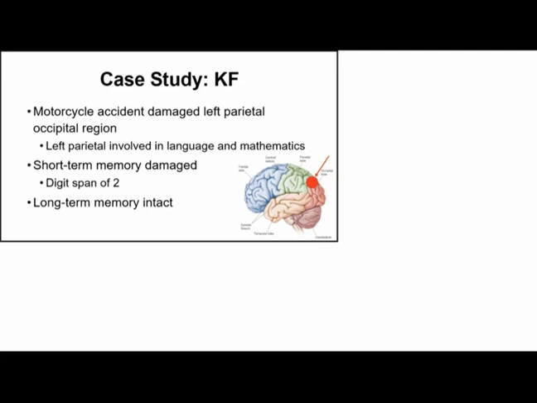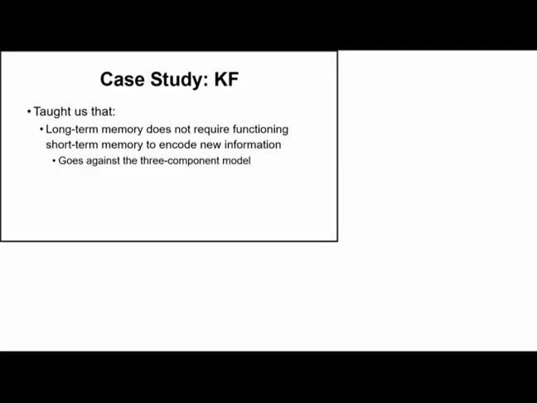So this actually goes against the model that we've been using so far, our 3-component model, or whatever we want to call it, because we have this idea that we go from sensory memory to short-term, working, or immediate memory, and then we go over to our long-term memory. But here short-term memory is damaged, and we can still make long-term memories.